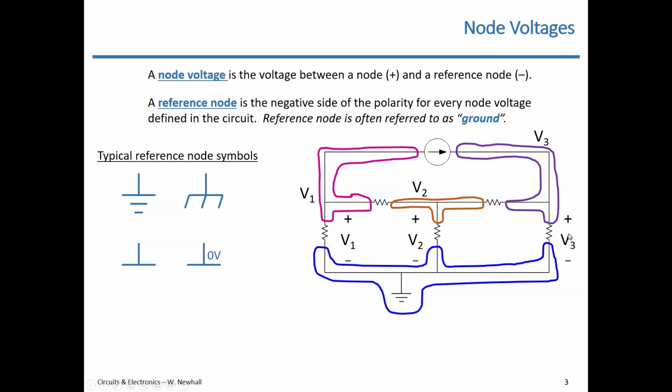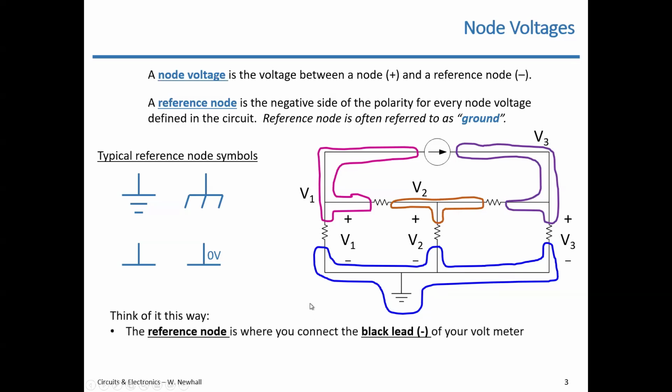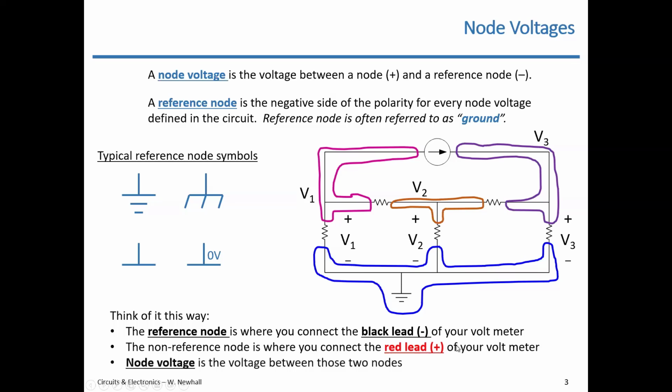Okay, so think of node voltages this way. If you were to use a voltmeter, the reference node is where you connect the negative lead, the black lead of the voltmeter. And the non-reference node of the node voltage is where you connect the red lead, the positive lead of the voltmeter. And then the node voltage is the voltage between those two nodes.